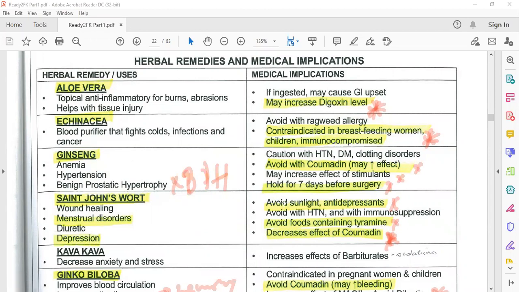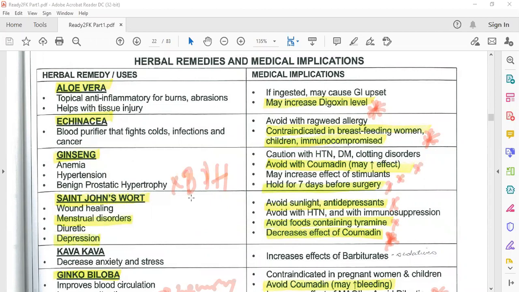If your patient took St. John's wort, they should avoid the sunlight. Why? Because of its photosensitivity effect, it causes photosensitivity, right?